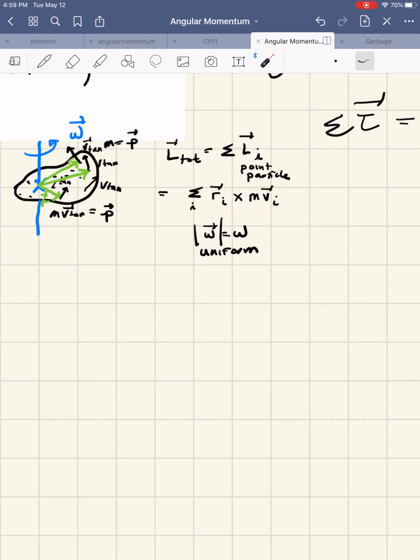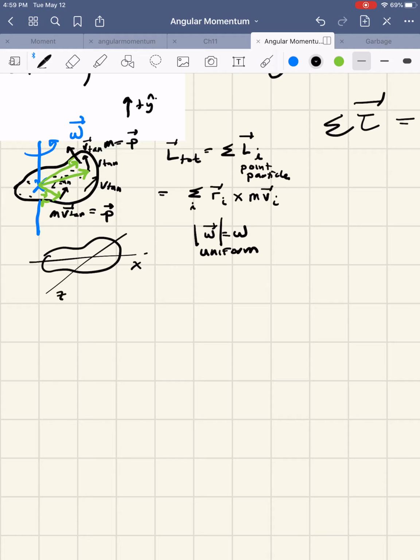For now, I'm going to assume that this is the positive y hat direction. And although it may not look like it, this rotating rigid body is kind of in the zx plane. So this is a three-dimensional drawing, believe it or not. The body's in the xz plane, and the positive y hat direction indicates the direction of omega.